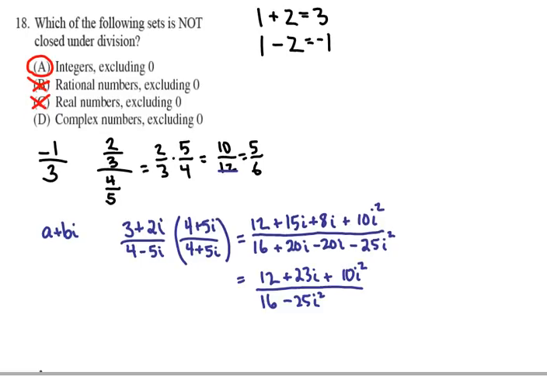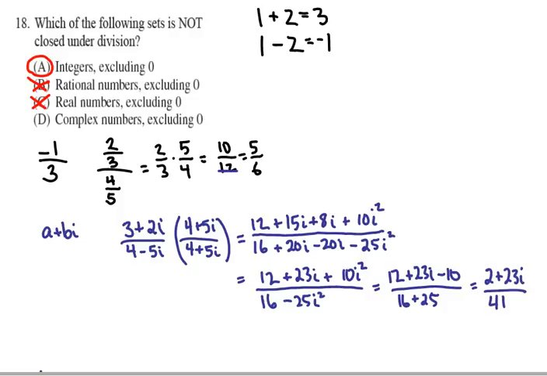When I simplify that down, I'll get 12 plus 23i plus 10i squared divided by 16 minus 25i squared. But i squared is -1. And so when I substitute -1 for i squared, I'm going to get 12 plus 23i minus 10, which is the same as 2 plus 23i over 41.